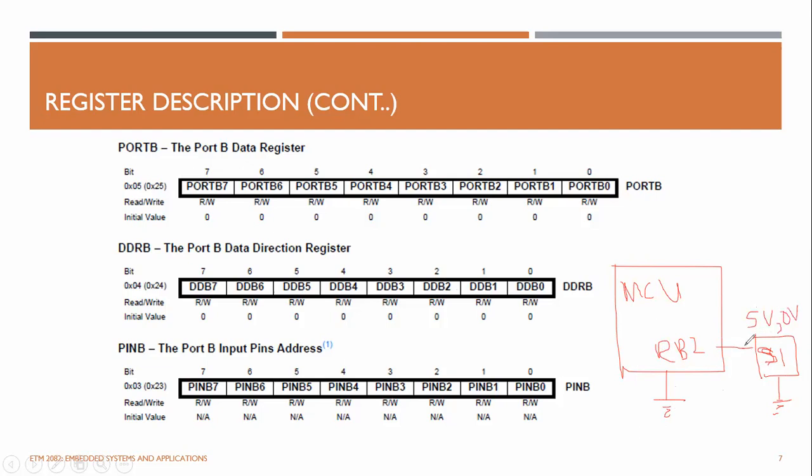So you have to check what the voltage coming from this sensor is, right? So definitely it should be an input, because you are reading something. You are not driving this sensor. You just want to check what the sensor value is, right? So you are reading. So first you have to configure this port RB2 as the input. So you go here, RB2, and go to DDRB and select RB2.